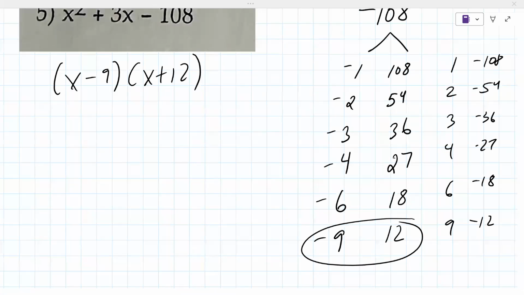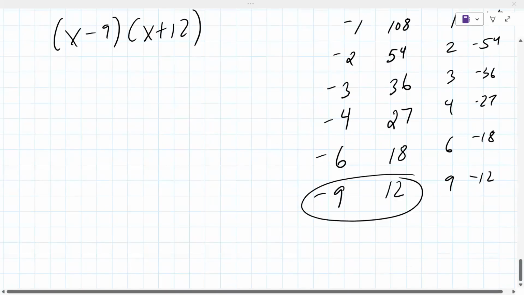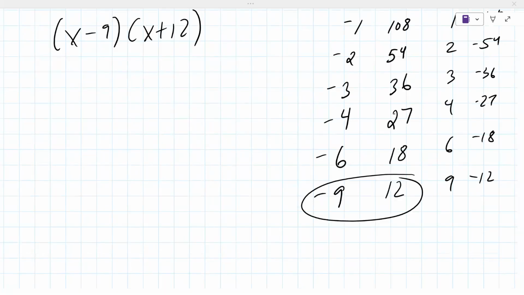Give me some feedback. What is difficult about this? It's not so much these problems, it's the other ones with the exponents, the cubed and squared. Okay, I like hearing the confidence.